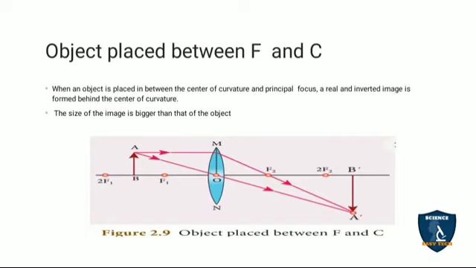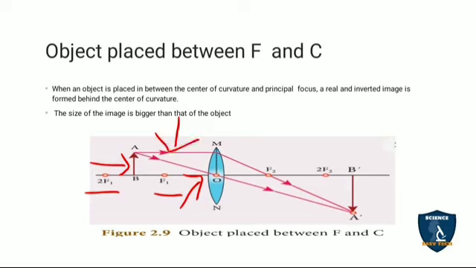The next, object placed between F and C, the focus and the center of curvature. When an object is placed in between the center of curvature and the principal focus, a real and inverted image is formed behind the center of curvature. The size of the image is bigger than that of the object.